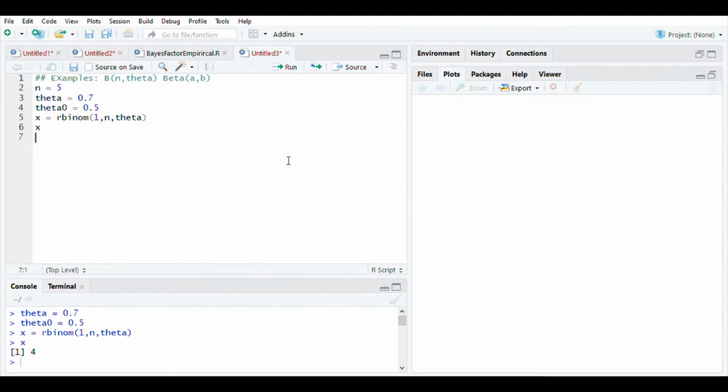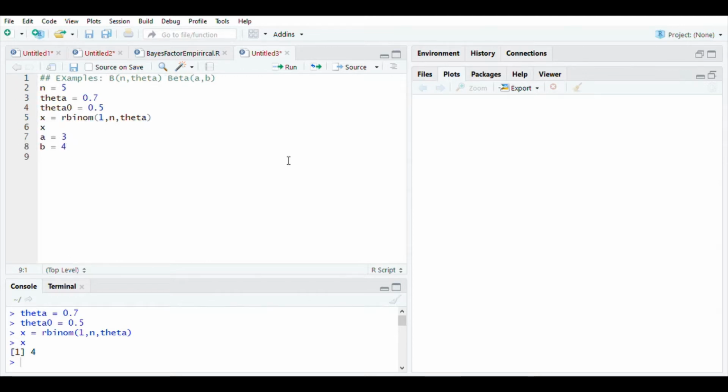Now what we want is to compute the Bayes factor for testing the hypothesis. So what are we going to need? We are going to need posterior odds upon prior odds. Now prior odds are to be calculated using the beta distribution as a prior. So let us first decide the parameters of beta. Say a is equal to 3 and b is equal to 4.